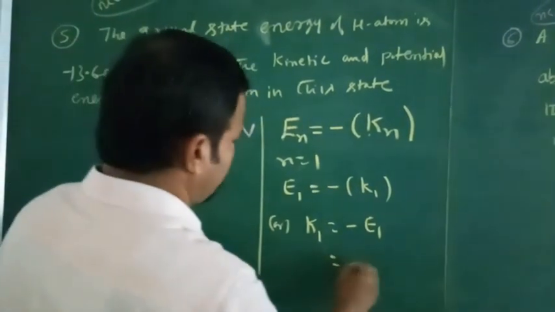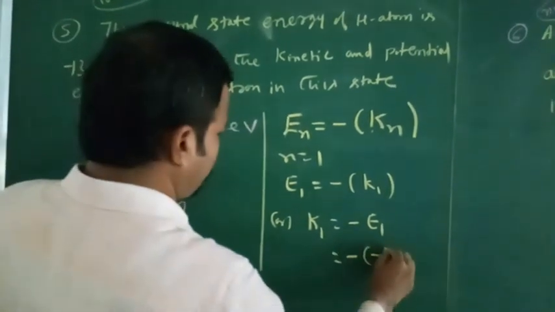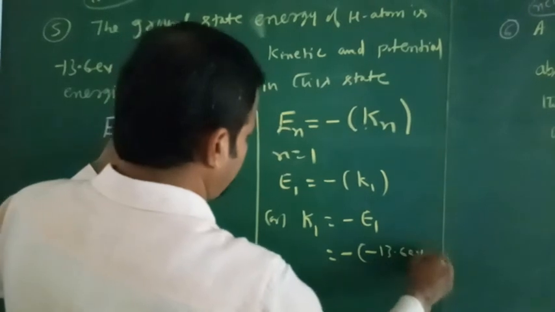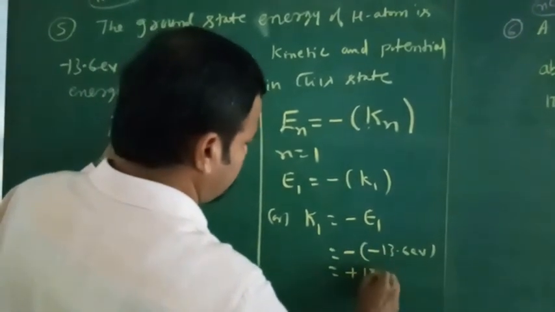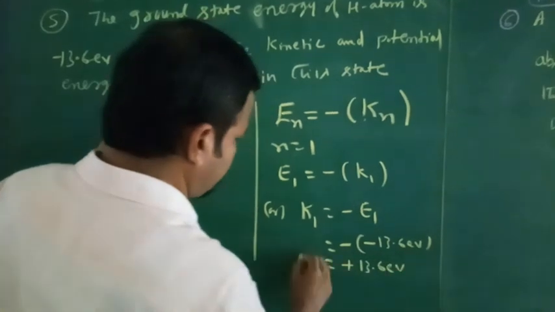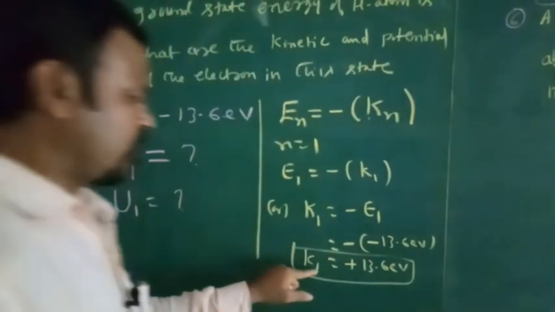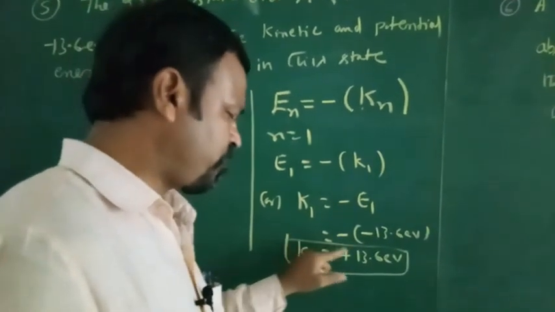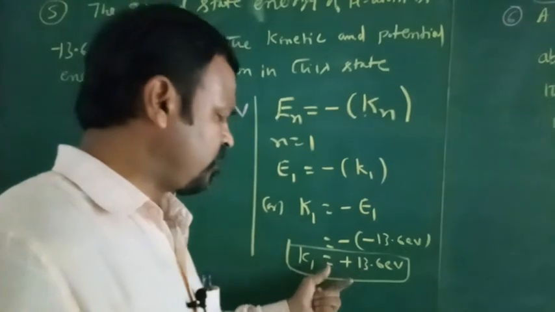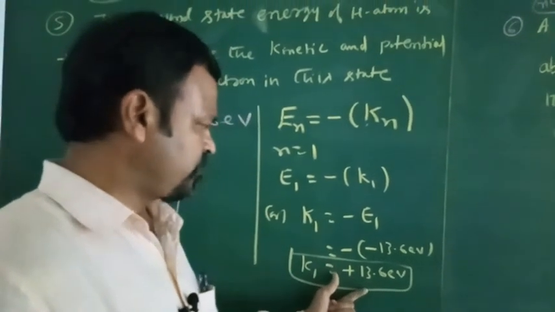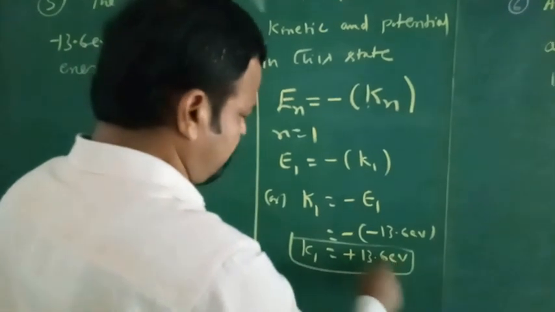Here minus E1 is minus of minus 13.6 eV, therefore plus 13.6 eV. This is the answer. Remember, kinetic energy is always positive. It may be 0 or non-zero, but it is always positive. So you should get positive 13.6 eV. Remember this formula.